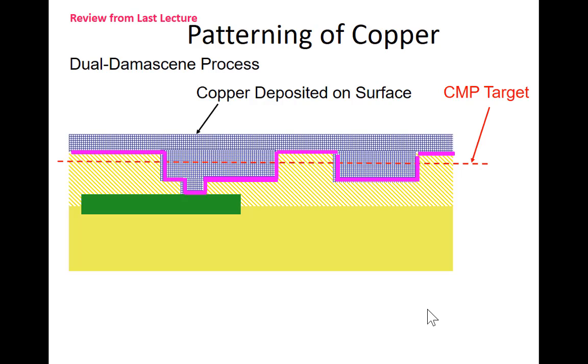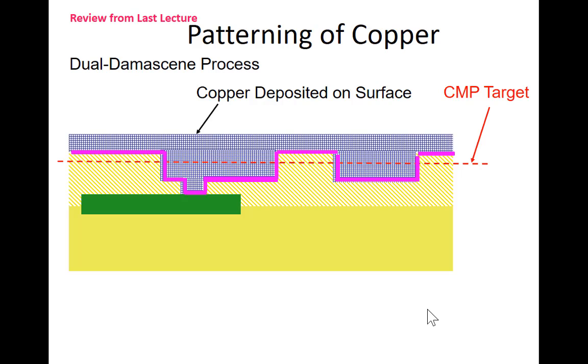Okay, so one reason is the copper doesn't stay in place. That doesn't have to do with why we can't pattern it, but okay, so there are 2 problems. One problem is that it migrates, but why can't we pattern it the same way we did aluminum? Yes? It's difficult to etch. There are no volatile compounds of copper that can easily be etched away.